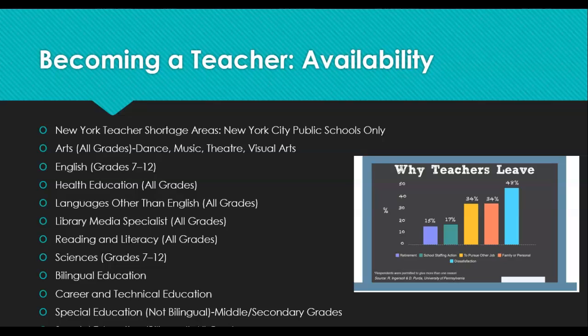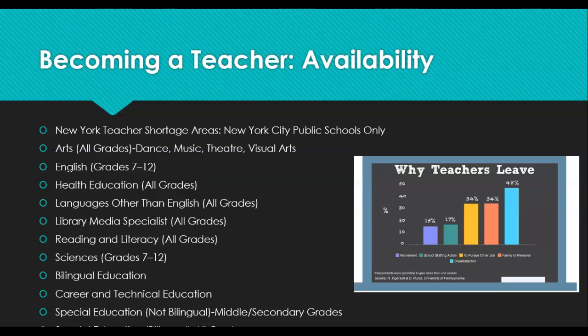So, availability. New York teacher shortage areas for public schools. So this is important. When I say teachers, not all roles are equal in terms of need, right? So shortage areas: all of the arts, English in grades 7 through 12, health education, languages other than English, library, reading and literacy specialists, sciences, bilingual education, career and tech education, and special ed.